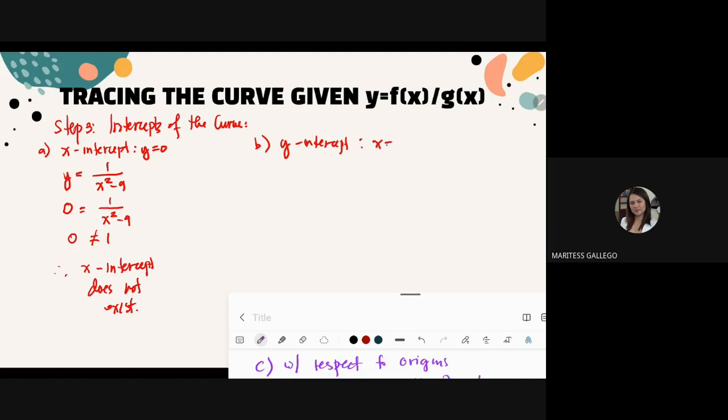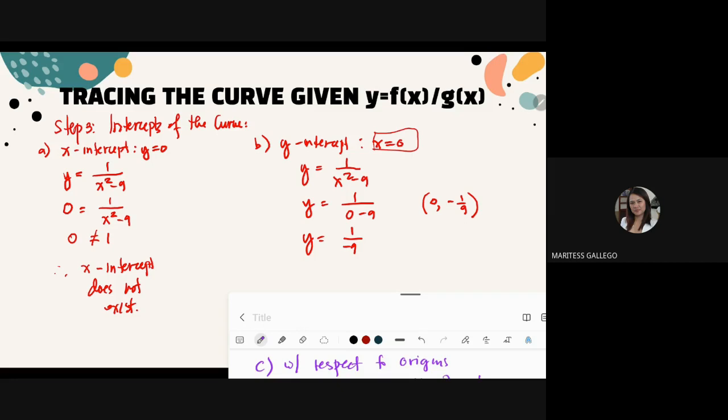For the y-intercept, we equate x is equal to 0. So, what do we have here? The original function has x squared minus 9. This is now 0 minus 9. So, y now is 1 over negative 9. So, ibig sabihin, mayroon lang isang point of intersection. Our x is 0, and then our y is negative 1 over 9. What is negative 1 over 9?